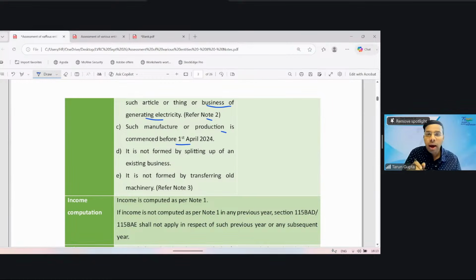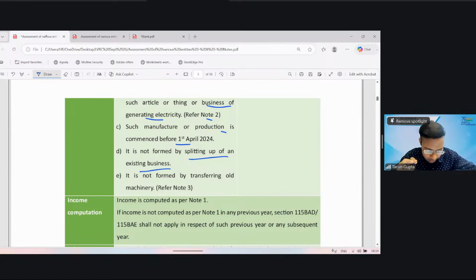So it says that the society should not be formed by splitting up of an existing business. It should not happen that an existing cooperative society splits up its business and forms another cooperative society only for the sake of taking this concessional tax rate of 15%. The government wants to give this benefit only to the new cooperative society, to the new businesses, okay?